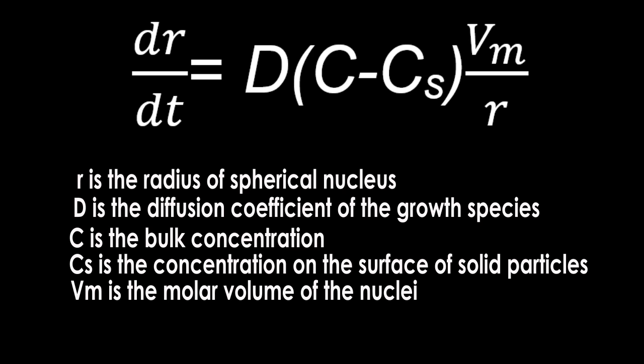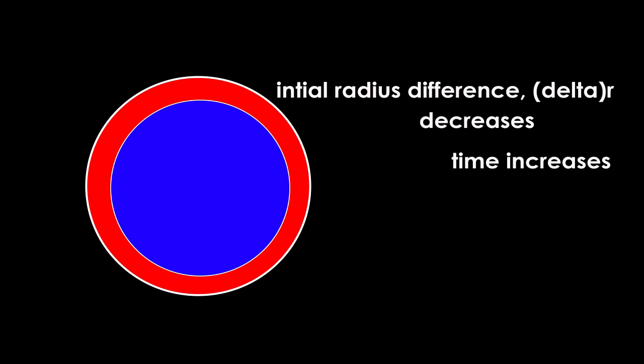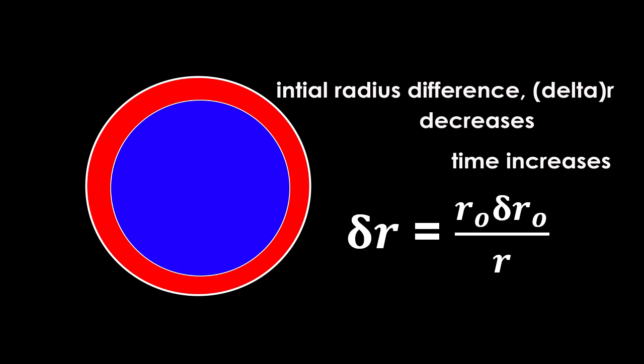By solving this differential equation and assuming the initial size of nucleus R0 prime and the change of bulk concentration negligible, we have, for two particles with initial radius difference, the radius difference decreases as time increases or particles grow bigger, according to, combining with equation 3, we have.